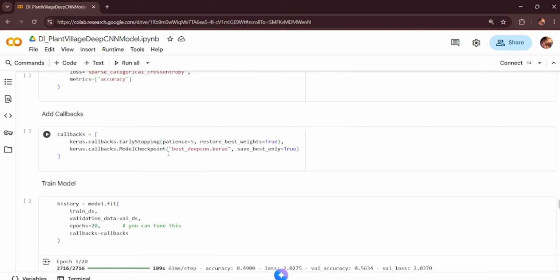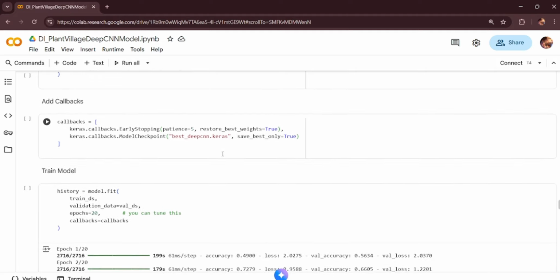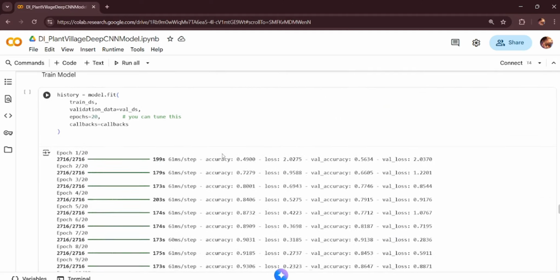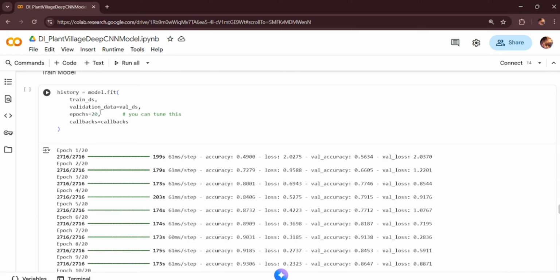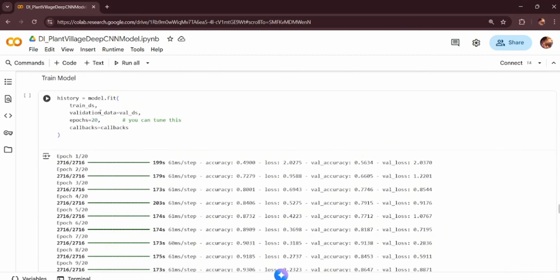Early stopping stops training if validation accuracy doesn't improve for 5 epochs, and model checkpoint is used to save the best model. The model was trained for 20 epochs on augmented images using rotations, flips and zoom to improve generalization.